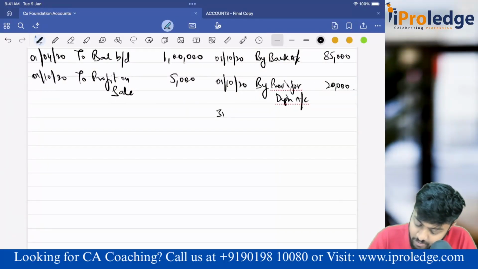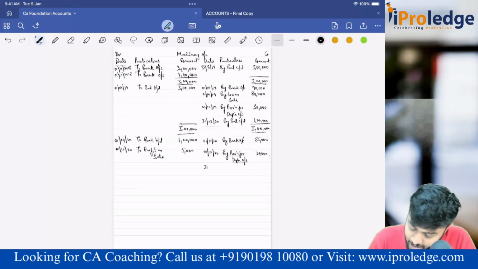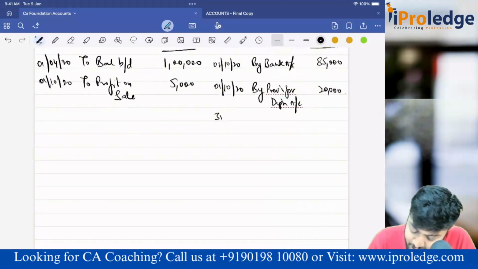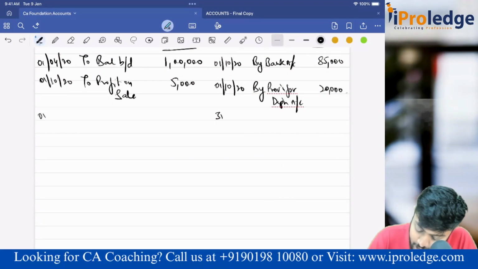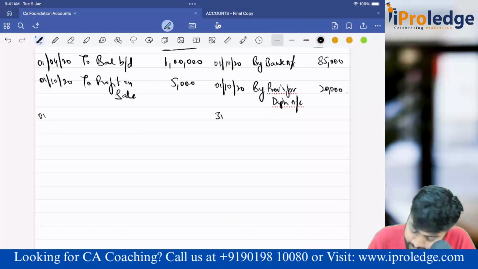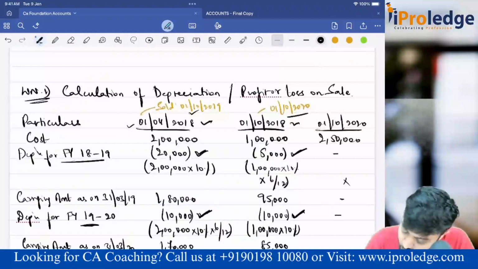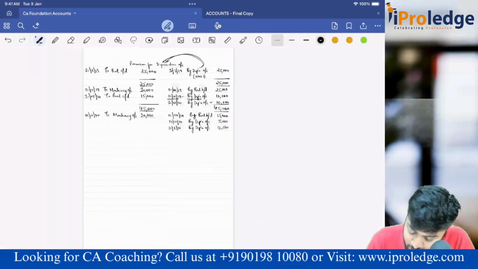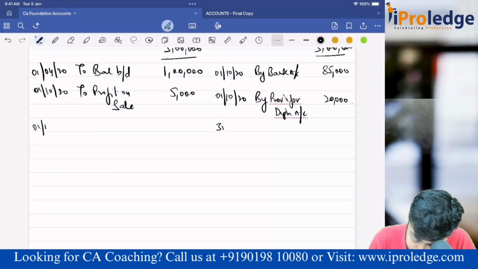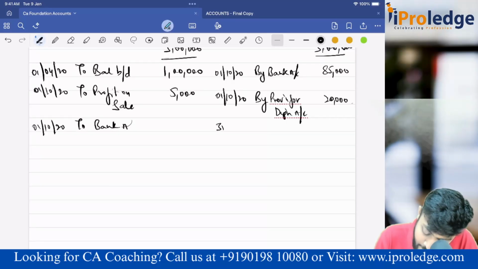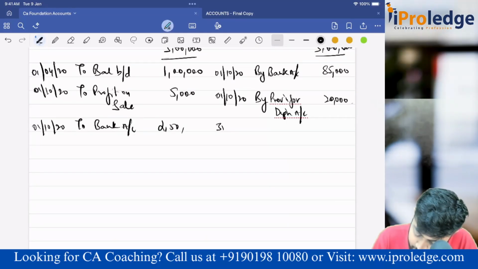Hey, one more thing should have happened actually. In this year only we have purchased one more asset, no? Here, this asset. We purchased this on 1/10/20 and have not put it in, so we'll put it in. On 1/10/20 we have purchased one new asset, to bank account, 2,50,000.